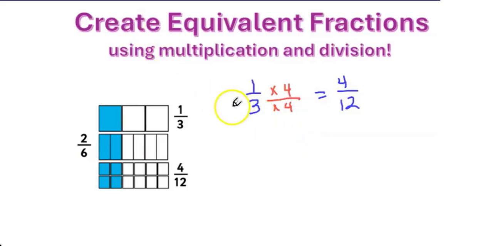So in other words, we multiply 1/3 by 4 over 4, we get 4/12, and therefore we know that 1/3 equals 4/12. It works with any numbers like that.